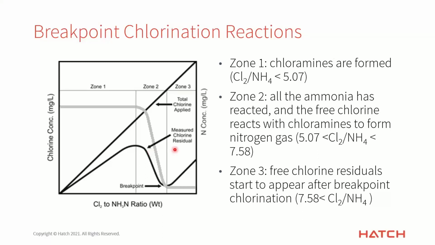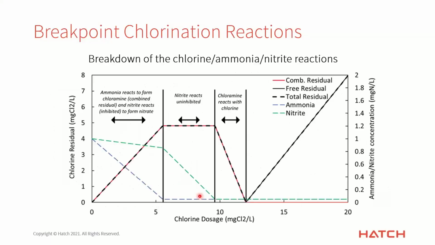In this third zone, all the chloramines and all the ammonia have reacted, so any chlorine you add to the system just shows up as a free chlorine residual. That's the basic idea of breakpoint chlorination: trying to get to this free chlorine residual to disinfect the wastewater.